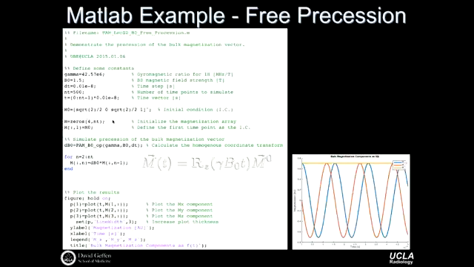Here I came up with an arbitrary initial condition. I said I had some magnetization on X, nothing on Y, something left on Z. Initialize an array, and then let's just have this B0 operator act on my magnetization. And so this looping structure here is just giving me the evolution of my bulk magnetization vector as a function of time by using that rotational operator to act on the bulk magnetization from the previous time point.